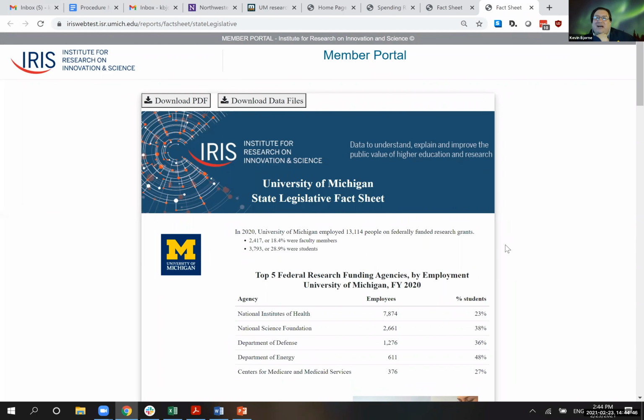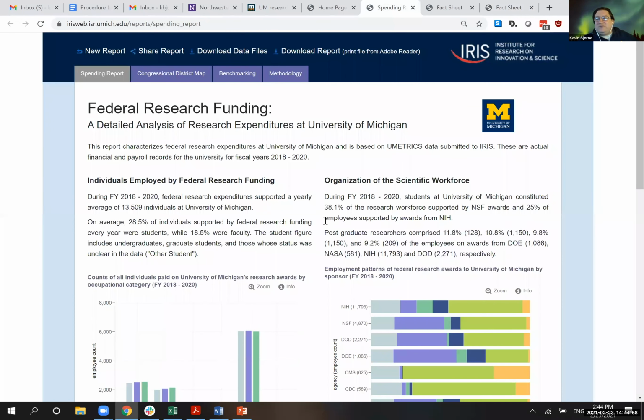That one goes into a lot more detail regarding the business relationships that our members have with vendors and subcontractees. Again, the spending report is a higher level overview of everything. We have a variety of other reports that get really down into the nuanced levels of reporting.